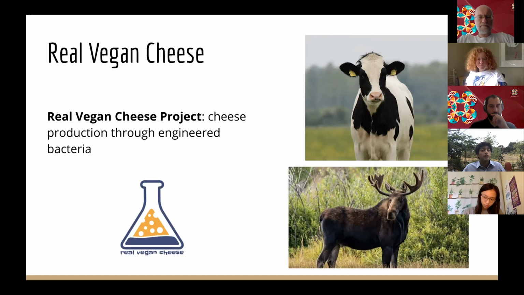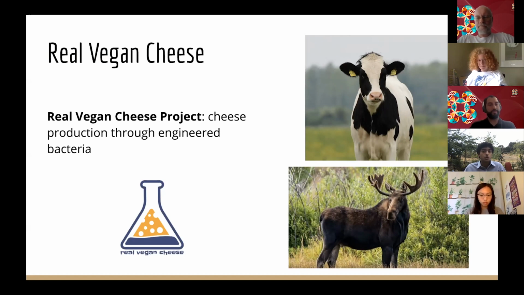The end goal is to make cheese that is almost identical to cow's cheese in texture, flavor, and all of its melting properties, without the downsides of using an actual cow, which would be the carbon emissions and animal cruelty.